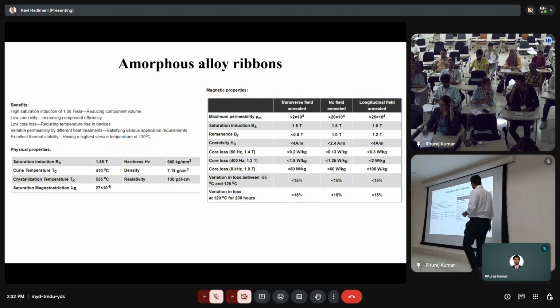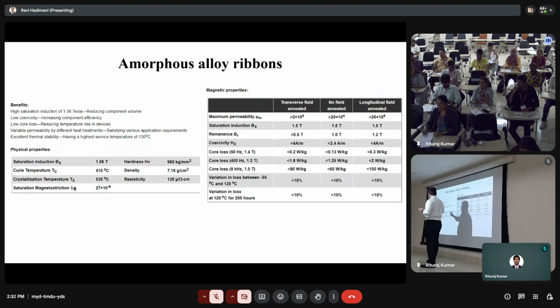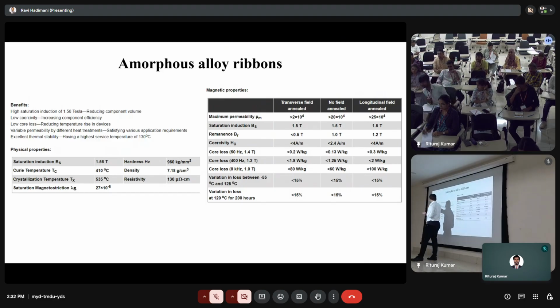Here are the properties of amorphous alloy ribbons. The benefits are high saturation induction, so high saturation in magnetic materials, and low coercivity. Low coercivity is good for electrical steels, because when a transformer oscillates at 50 hertz, there is no heating. Low core losses: you remember I talked about the humming noise.